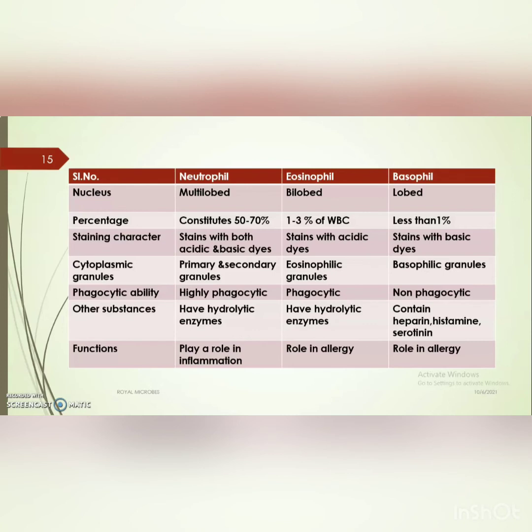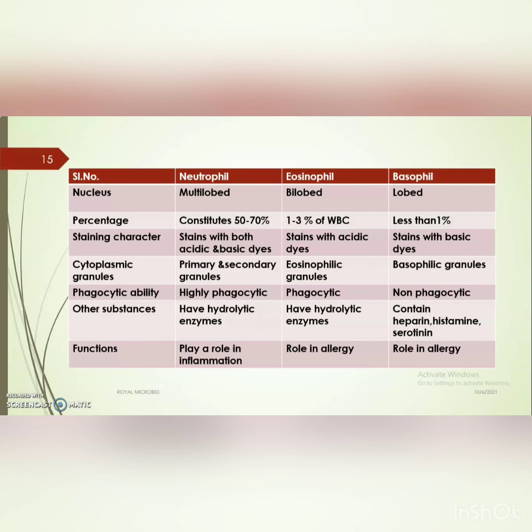Then phagocytic ability: neutrophils exhibit the highest phagocytic ability and eosinophils are also phagocytic, but basophils are non-phagocytic. Other substances present in the cytoplasm are hydrolytic enzymes. Neutrophils and eosinophils carry a large number of hydrolytic enzymes, but basophils mainly have heparin, histamine, serotonin, etc.